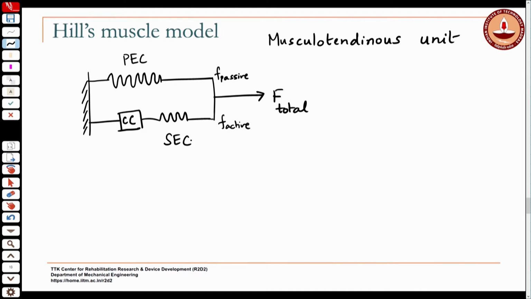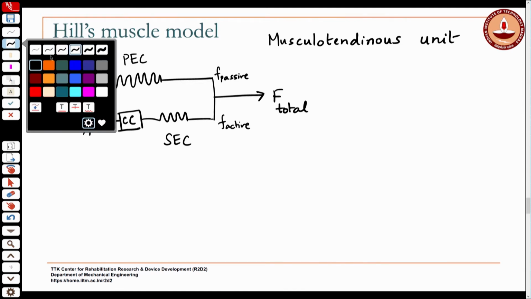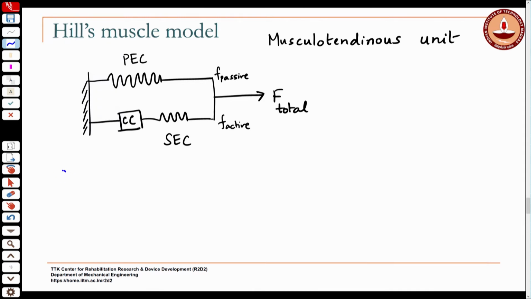So, the muscle tendon unit can be modeled using these elements, where this CC component, the contractile component, represents the muscle, the actuator, which is generating the force.